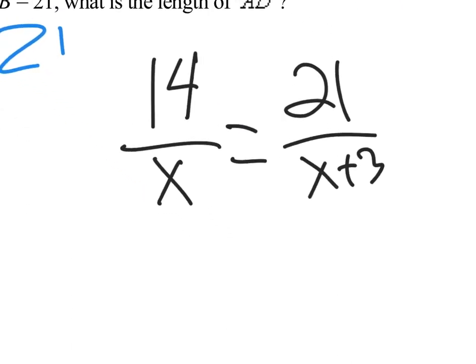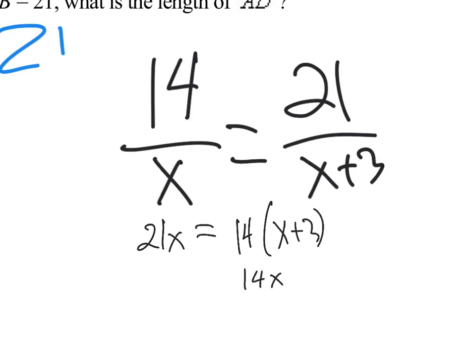And I know that when we do that, we're going to simply cross multiply. So 21 times X, of course, is 21X, and we've got 14 times X plus 3. Let's do a little distribution. So we've got 14X, and I know that 14 times 3 is going to give us, of course, 42, equals 21X.